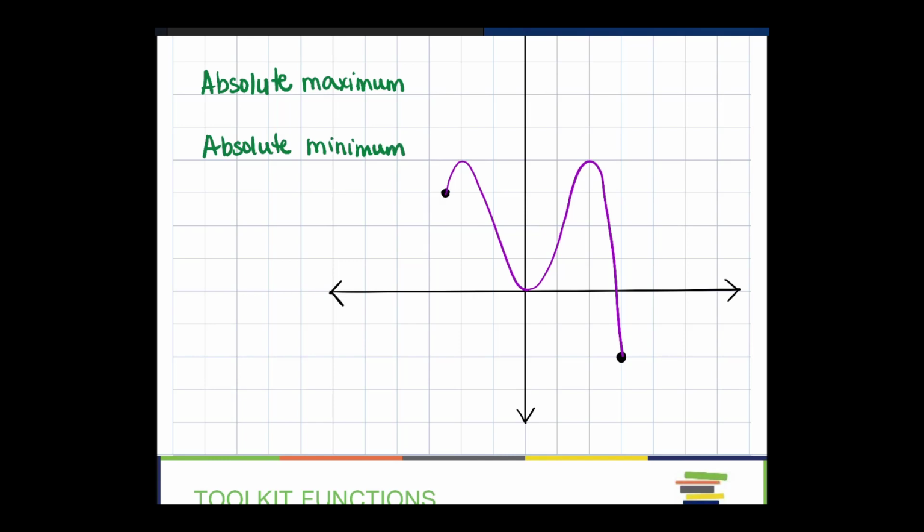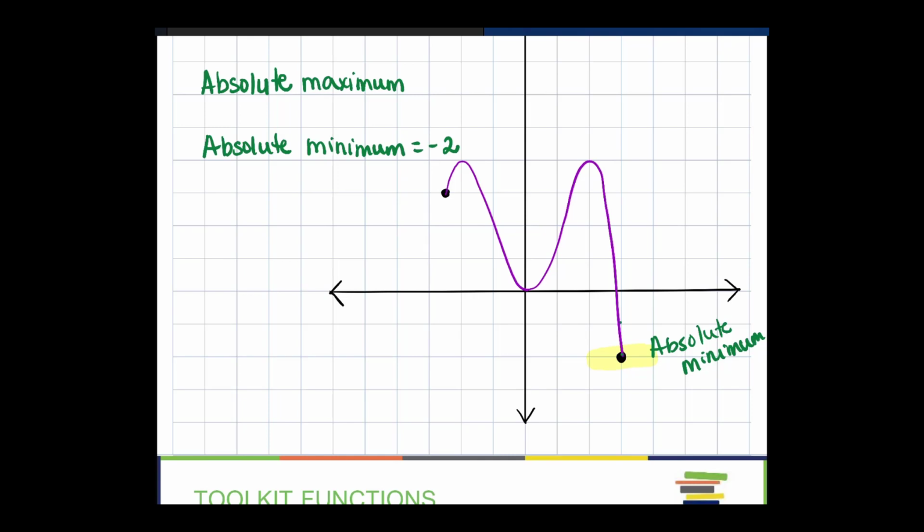All right, so where's the absolute lowest point? That's right here. That's your absolute minimum. And it looks like the y is -2.